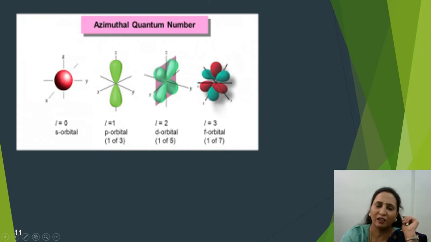When the l value is 2, the orbital is d, which has a double dumbbell shape. And when the l value is 3, it is the f orbital. So this diagram shows a clear-cut idea about the shape of the orbital for the various l values, such as 0, 1, 2 and 3.